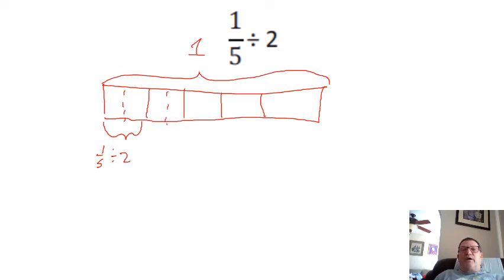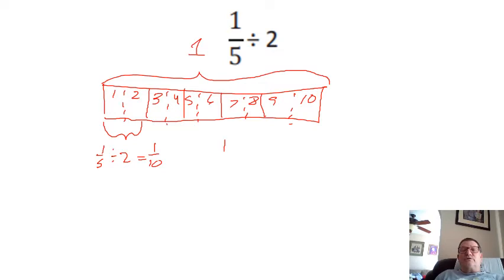Then I got to divide all these fifths into 2. So when I count them out, that's 1, 2, 3, 4, 5, 6, 7, 8, 9, and 10. So we know that it would be 1/10.